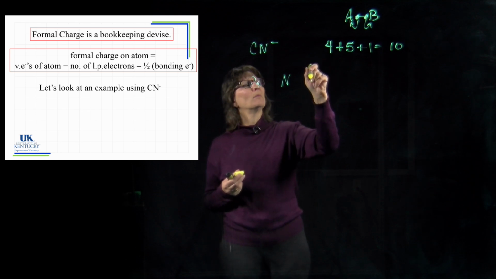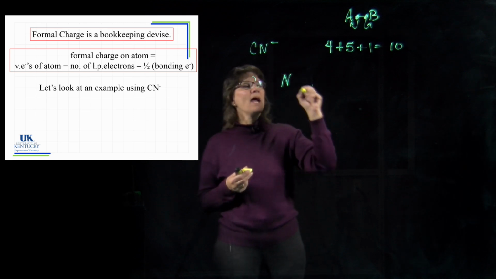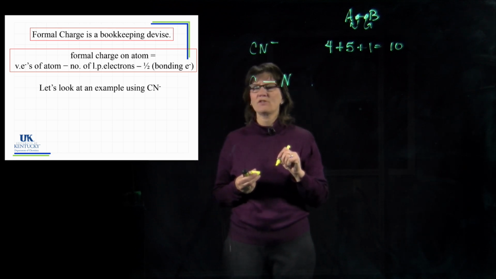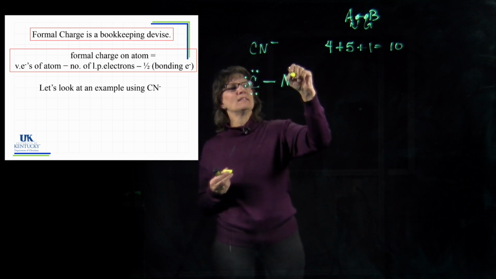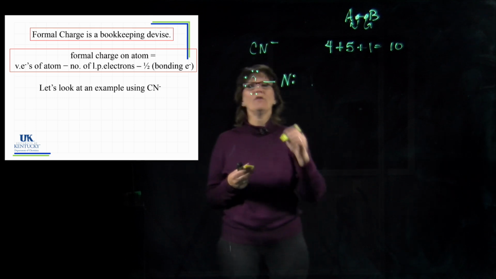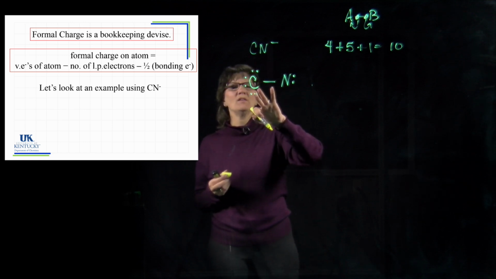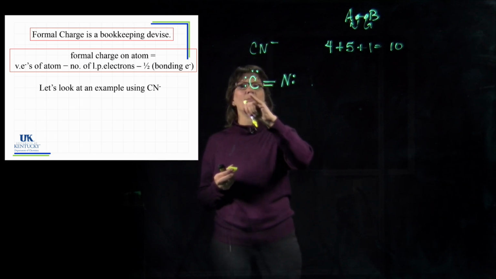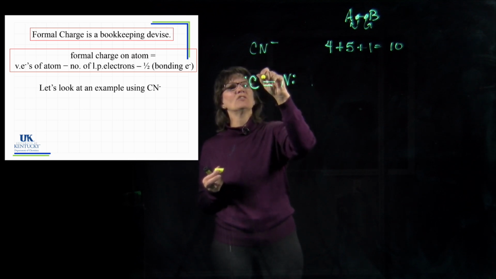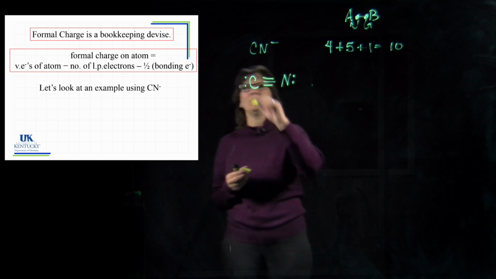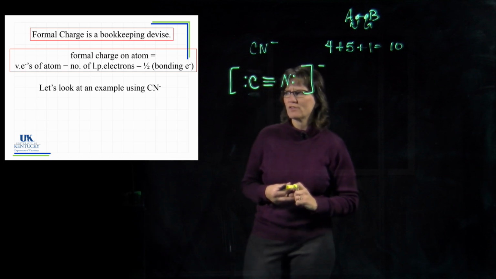I start with a single bond. That's 2, and then I come over here, 4, 6, 8, 10. I have to stop. I've used all the electrons I can use here, and now I start shifting. I'm going to take these 2 and put them right here, and that brings it still at 8, but this is coming up to 6. I'll do that again, and this is just like the N2 molecule that we did before, but this one has an overall charge of -1. So there is its Lewis structure.